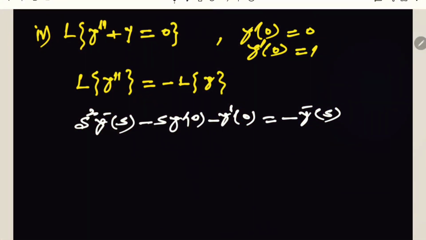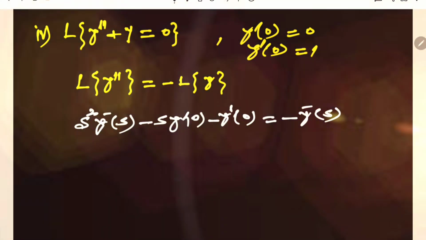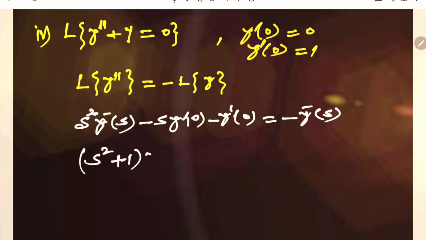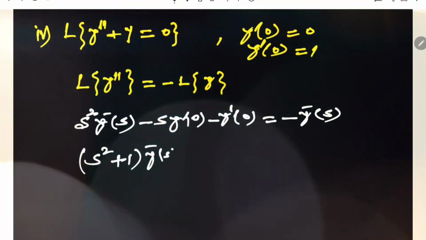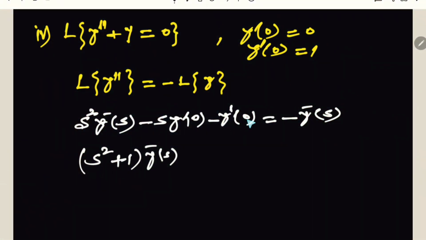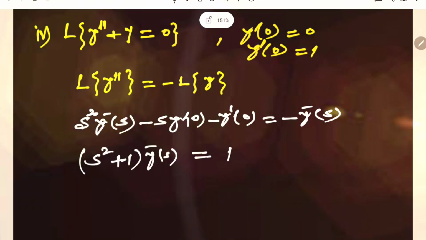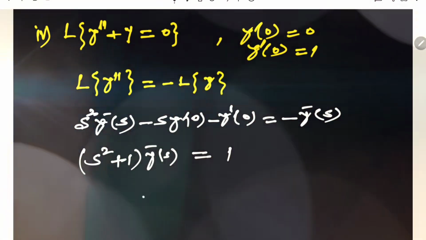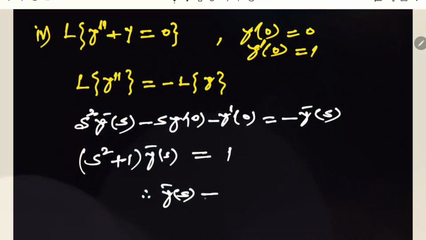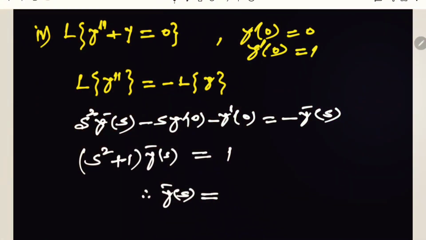Then collecting the terms of y bar of s on one side, meaning on the left hand side, we get s square plus 1 into y bar of s taking common, and then substituting the value of y of 0 as 0 and y dash of 0 as 1, and then transferring it to the right hand side, we get it is equal to 1, and hence we get y bar of s as 1 upon s square plus 1.